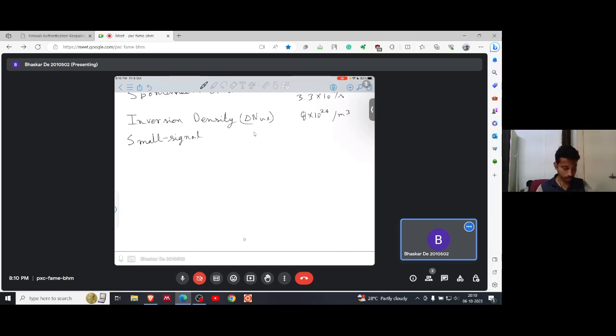Small signal gain coefficient G naught is 20 per meter.